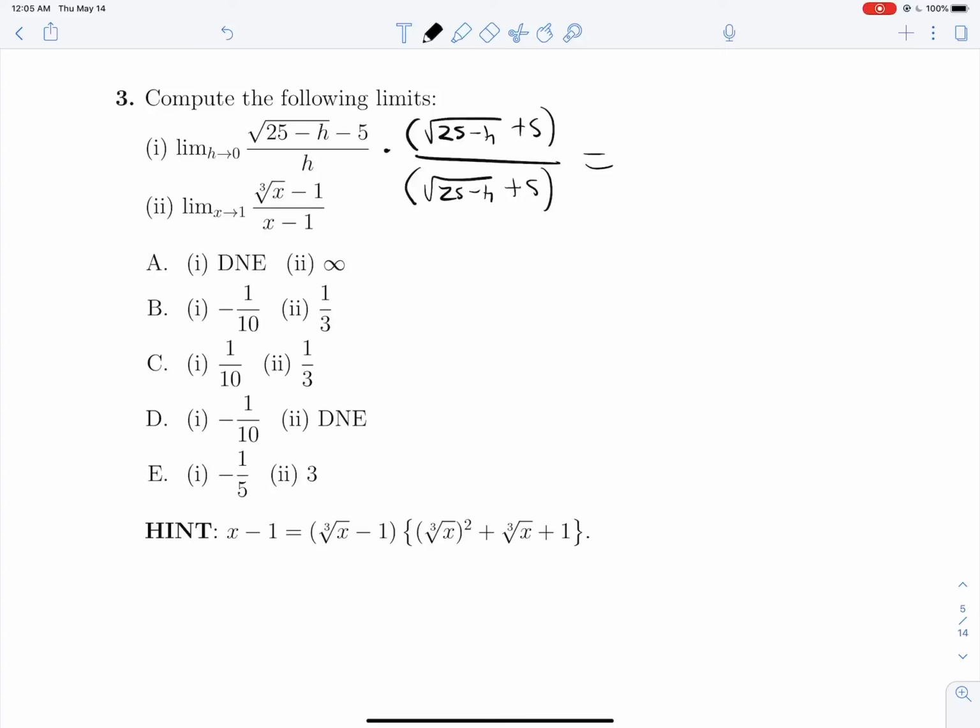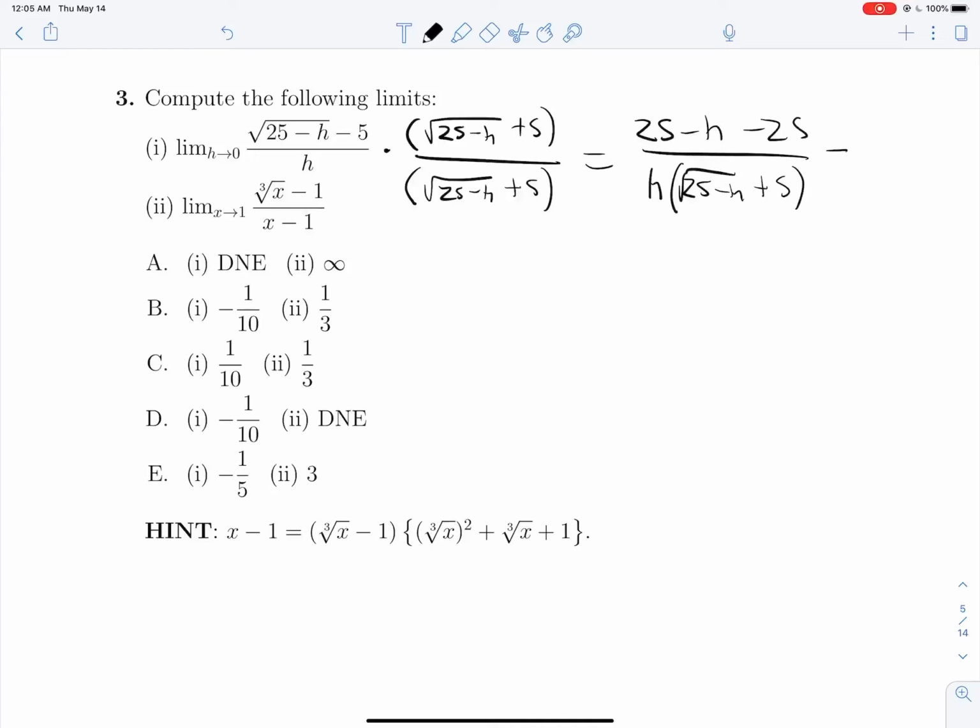This will give us 25 minus h minus 25 on the top, just foiling everything out. And then on the bottom, we get h times root 25 minus h plus 5.